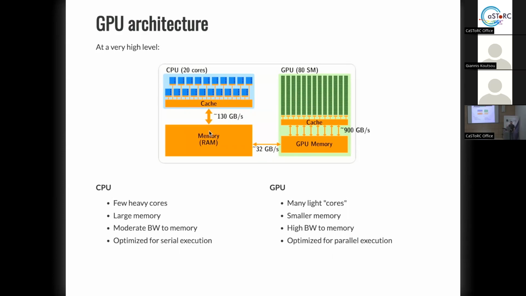The problem with the GPU, though, is that to get your data into this GPU memory, you first have to go through the regular RAM, through something which is lower bandwidth. In this case, this is PCI Express 3, which is about 32 gigabytes per second. Maybe on another system you might have PCI Express 4, but in any case, it'll still be much lower bandwidth than what you can access the GPU memory with.